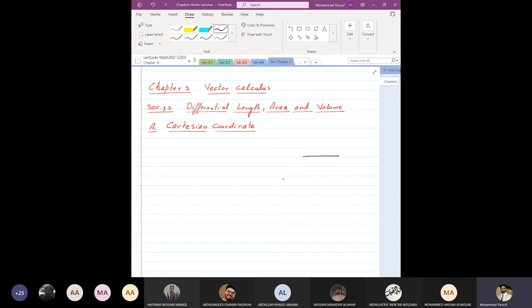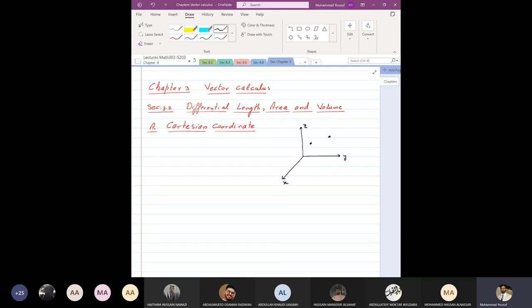because we are more used to seeing x-axis, y-axis, and z-axis like this. Now we move from this point to another point in space. We go from one point to another point in space, not necessarily parallel to x-axis or y-axis or z-axis.